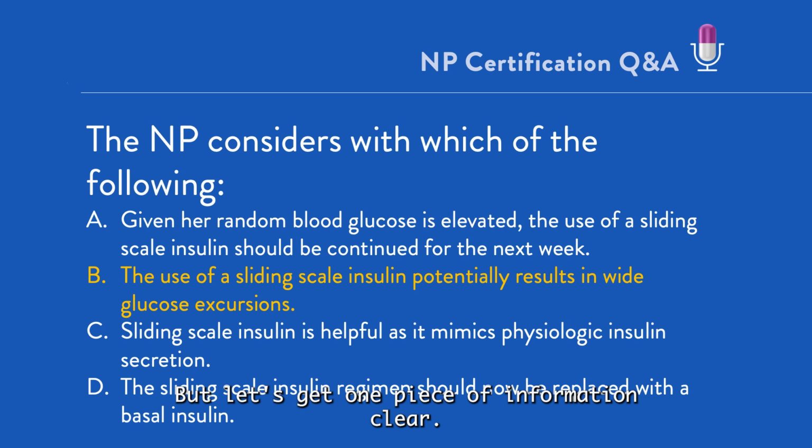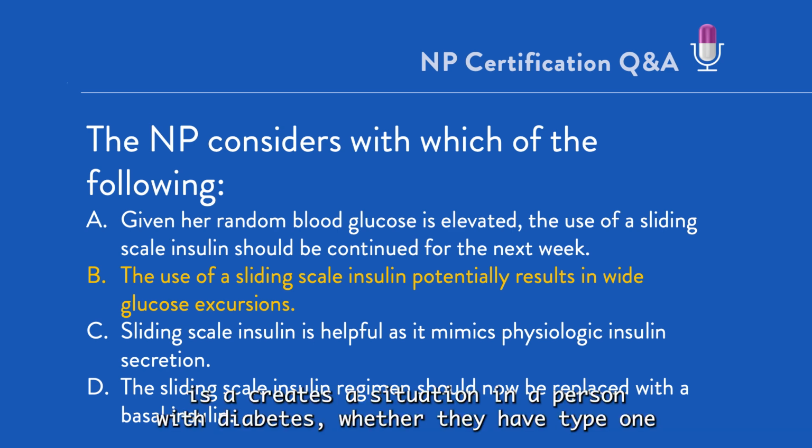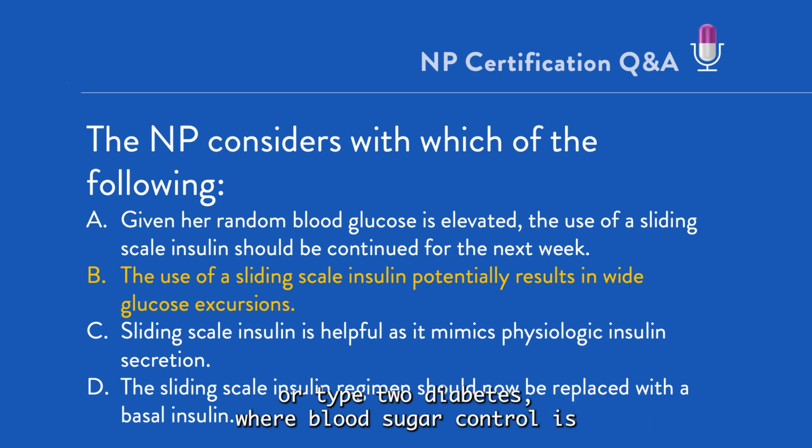But let's get one piece of information clear. Acute illness, particularly infectious disease, creates a situation in a person with diabetes, whether they have type 1 or type 2 diabetes, where blood sugar control is generally a great challenge. Infection yields inflammation.